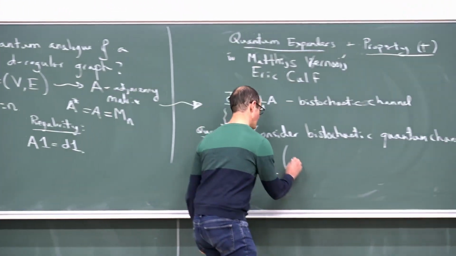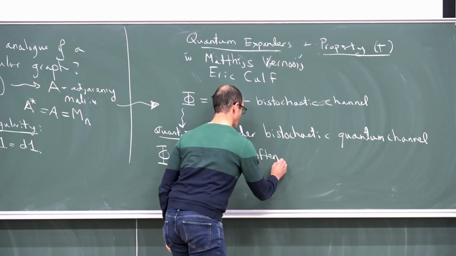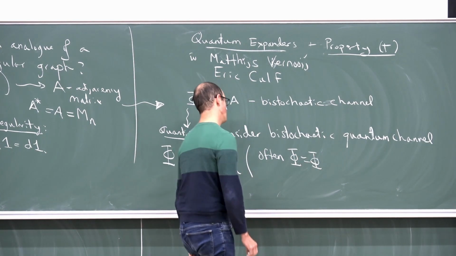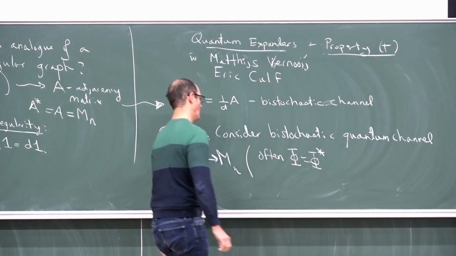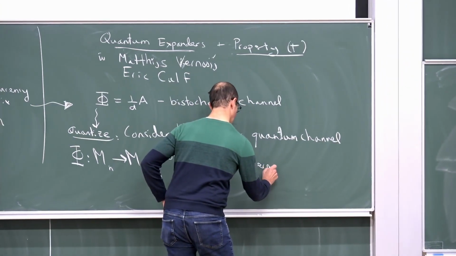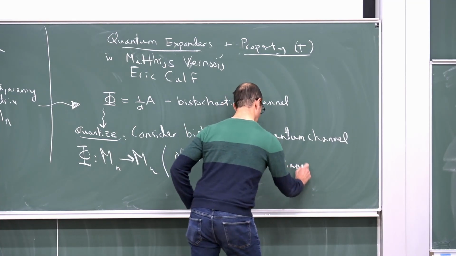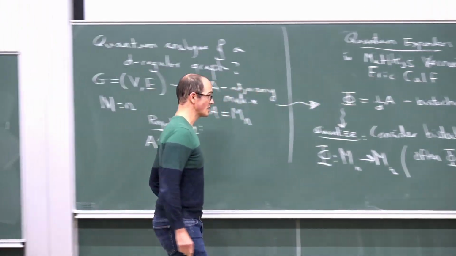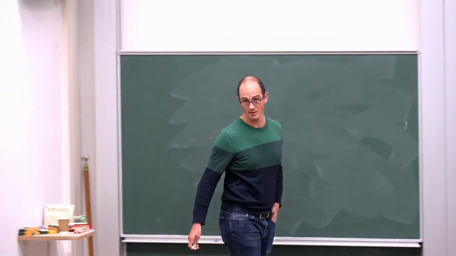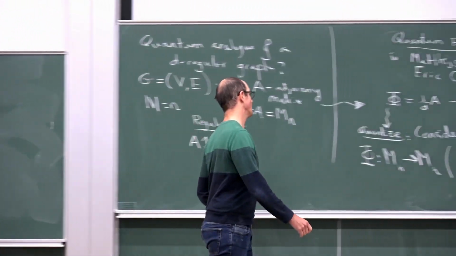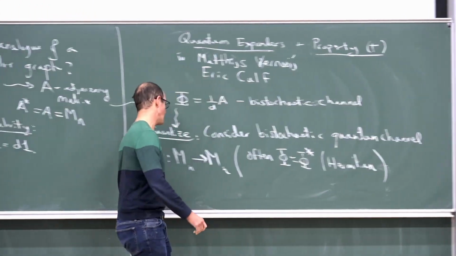So often, you may also assume phi is self-adjoint, meaning phi equals phi star, where phi star is the dual associated with the canonical matrix trace. But this is not strictly necessary.